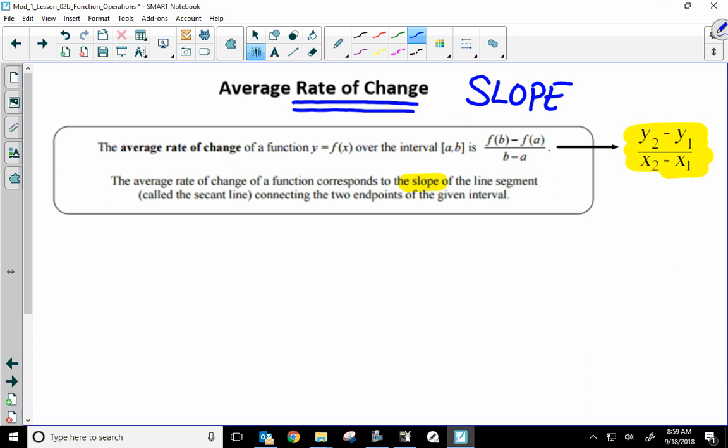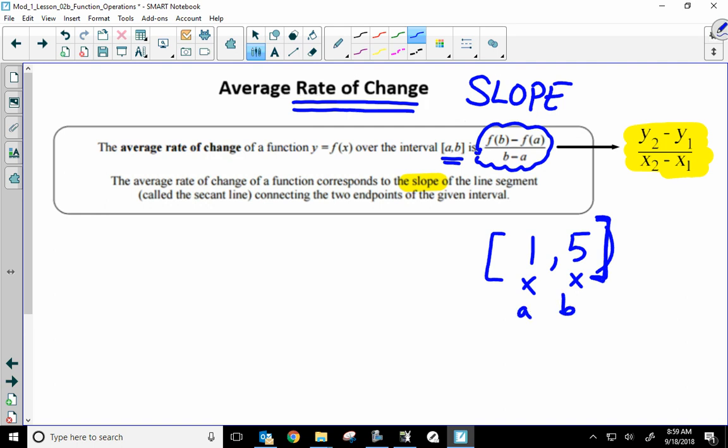Now, what about this thing right here? They're just telling you if you're given an interval, like from 1 to 5, these are x values, from when x is 1 to x is 5. So if this was a and this was b, and I'm using this equation right here, I would have 5 minus 1 on the bottom.